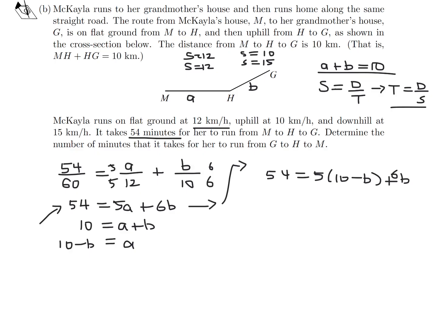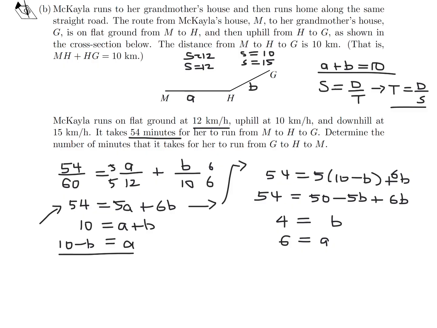Sorry, 6B. So 54 is equal to 50 minus 5B plus 6B. And therefore B is equal to 4. Is that right? And then A, therefore, would be 6, because A is 10 minus B.